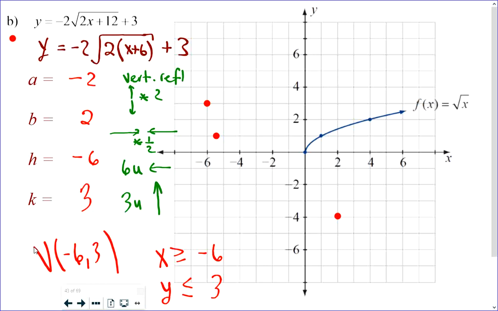If you look at where that point is relative to the vertex, from the vertex, if we go over 2 and down 4, that's where the point is. Okay. But we're shifting 1, 2, 3, 4, 5, 6 to the left and 1, 2, 3 up. You will notice that it is 2 to the right and 4 down from the vertex. So what this graph will look like is something like that.